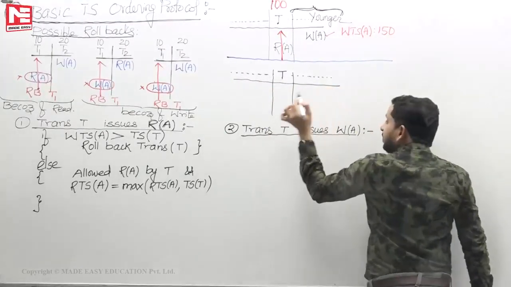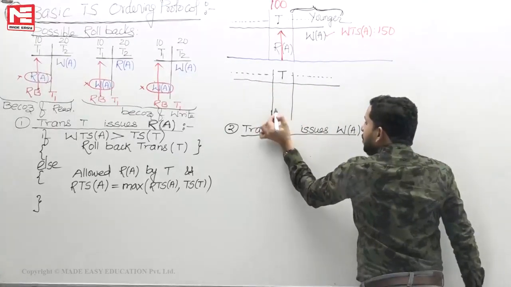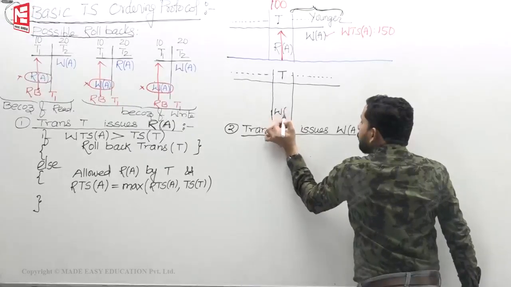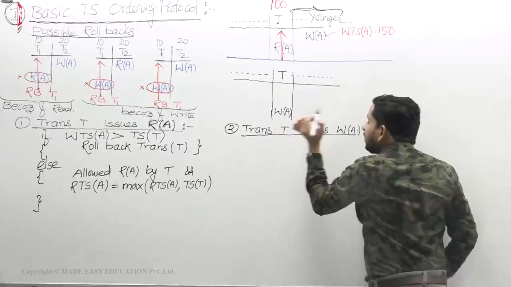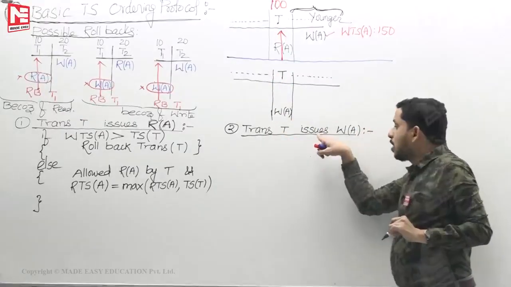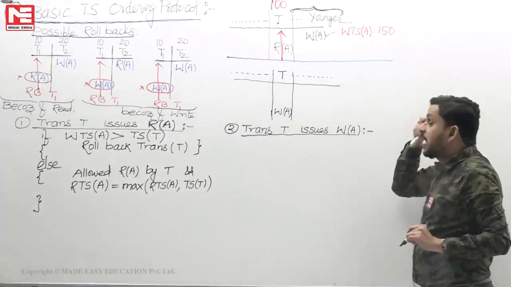Transaction T wants to perform write of A.